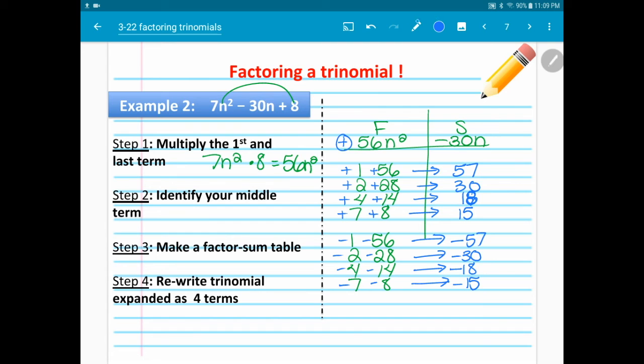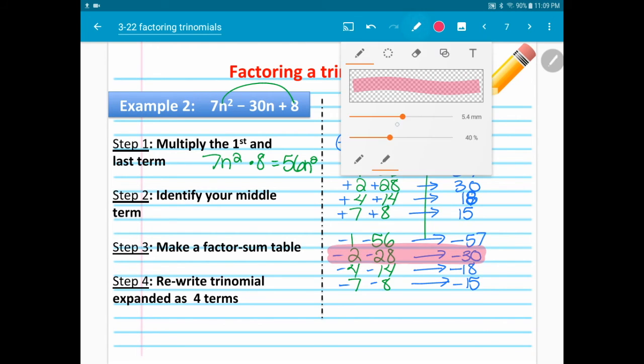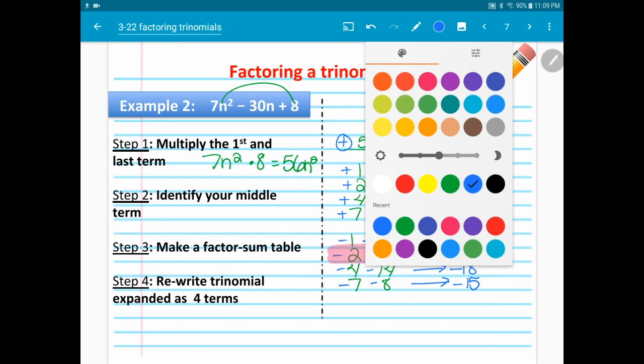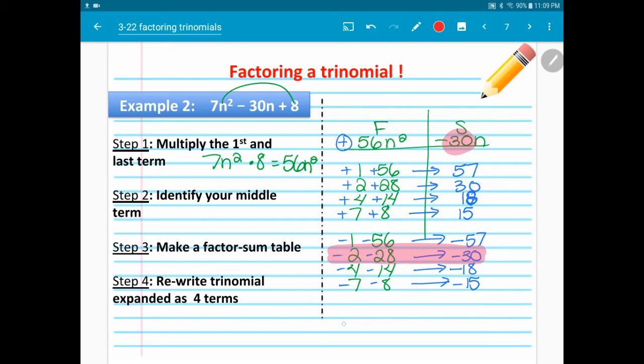All right, and we were looking for negative 30. So that's right here. So my expanded form is going to be 7n squared minus 2n minus 28n plus 8. That's my expanded form.